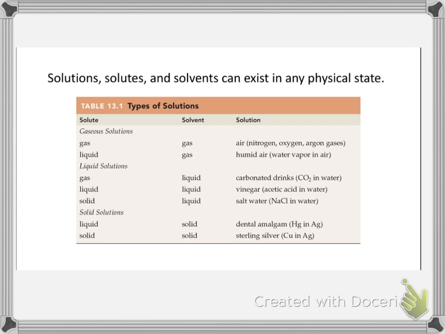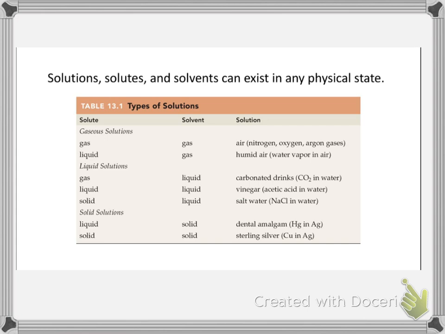They give us 2 examples. Mercury, which is the metal that is a liquid, dissolves in silver. That's how they make the gray silver fillings. Or solids in solids, like sterling silver, I think of 14 karat gold, bronze, brass. All of these are what they call solutions, but homogeneous mixtures.